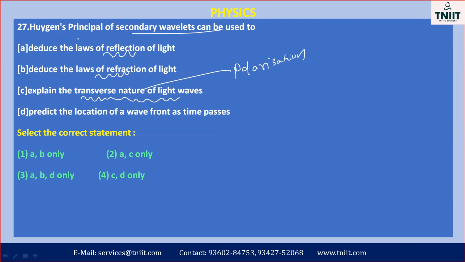Polarization. Huygens principle describes the wavefront. So this is true, this is true, this is true, this is false according to Huygens principle. But transverse nature was explained by polarization. So ABD are the right option? So option 3.